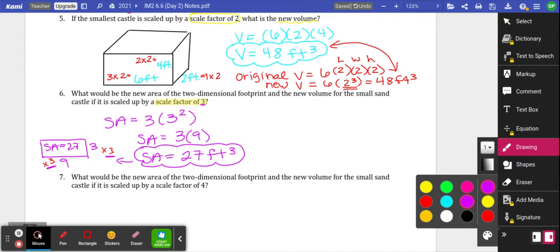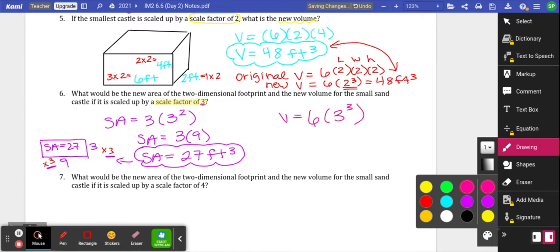Now, if we take this logic into looking at our volume. Remember, our original volume was 6 feet cubed. And if this is a scale factor of 3, remember, we're going to multiply the length, the width, and the height by 3. So that's going to be 3 times 3 times 3. In other words, 3 cubed, right?